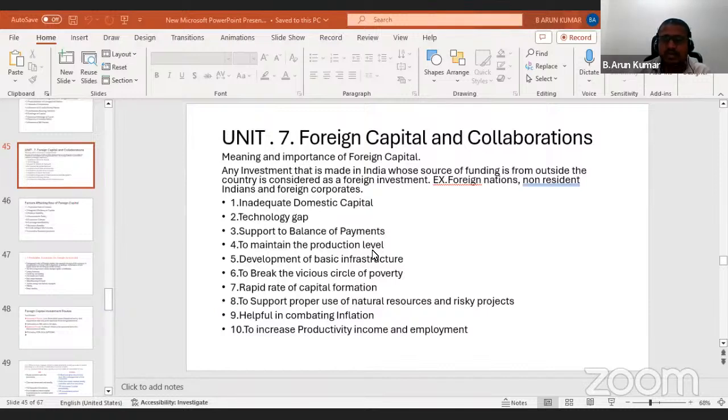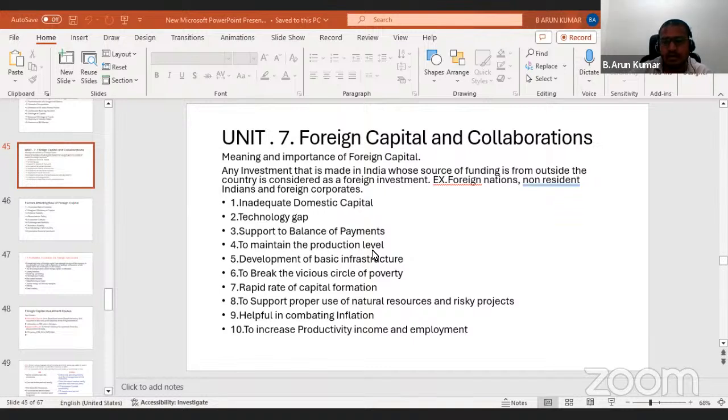India has a lack of knowledge, is a more populated country, and has less capital. So developing countries need some capital, some knowledge, and also natural resources.